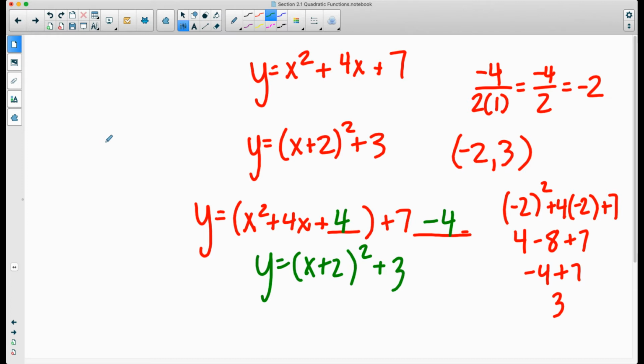Questions on that? What you can't do is complete the square when you have a leading coefficient other than 1. You would have to get rid of that number first. So whichever method of madness you want to use, I've got one more example for you.